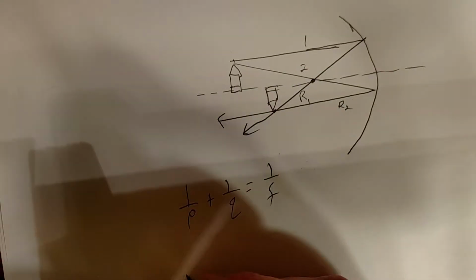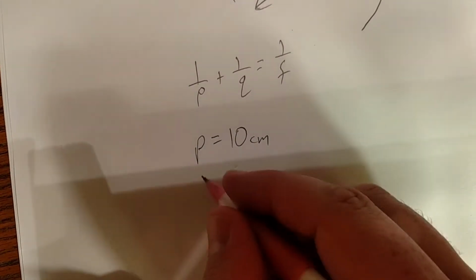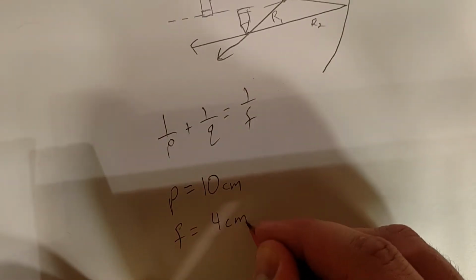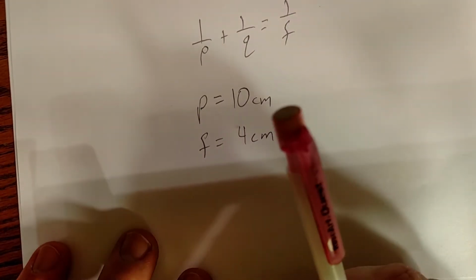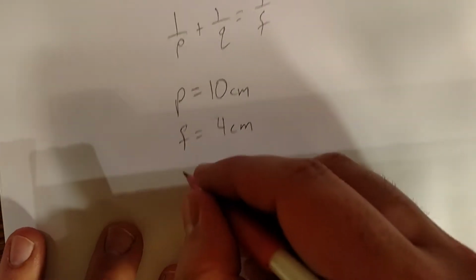So let's say P is about, I don't know, maybe 10 centimeters, sure. And we'll say that F is a little less than half, so probably about 4 centimeters. And then Q, we do not know. So we are going to try to find Q.